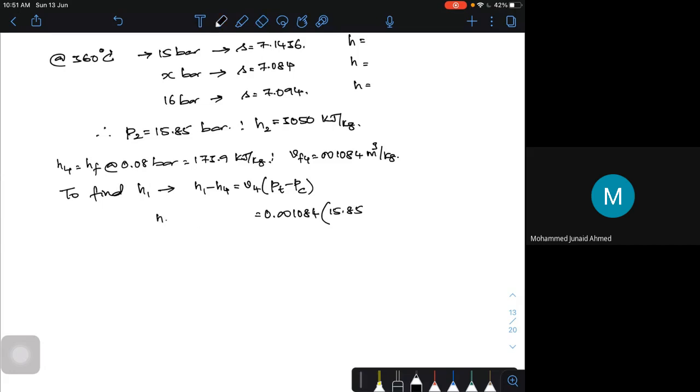So H1 minus 173.9 into 10 to the power of 3 is equal to 0.001084 into (15.85 minus 0.08) bar, into 10 to the power of 5. If I do that, I get my H1. Please calculate this and tell me the value.